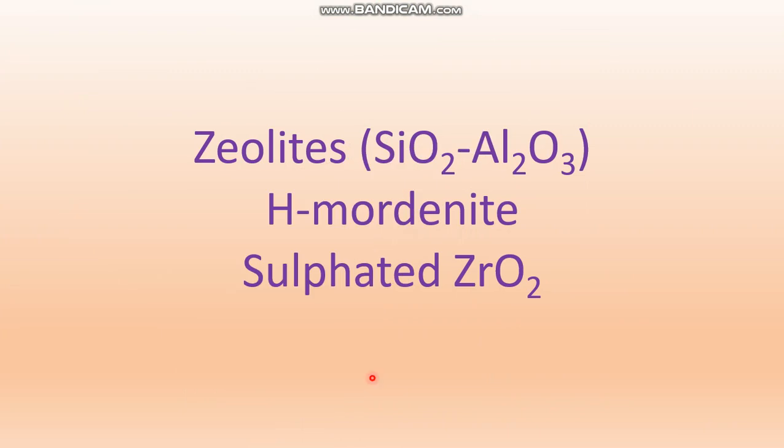The surfaces of oxides, such as those of zeolites, H-mordenite and sulfated zirconia, contain insoluble oxyhydrogen groups, which act as Bronsted acid sites. In many cases, the acidity is very strong, much stronger even than that of sulfuric acid. Such oxides function as solid acid catalysts for a variety of reactions.